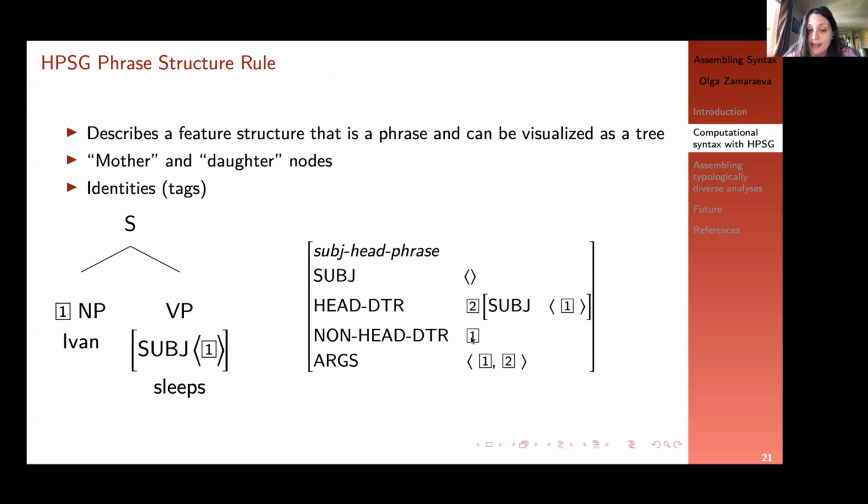It is called the non-head daughter, while the head daughter role is taken by the verb itself. So that's what this phrase structure rule is saying.